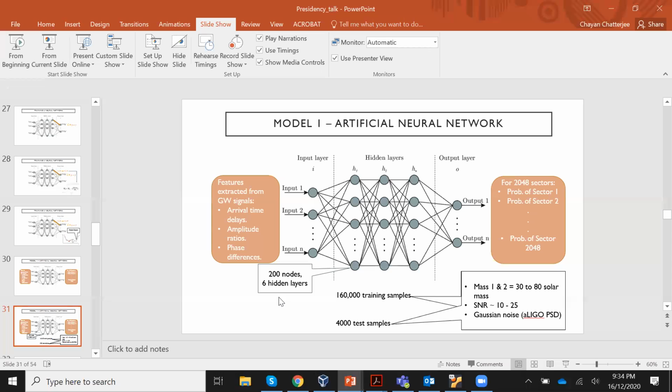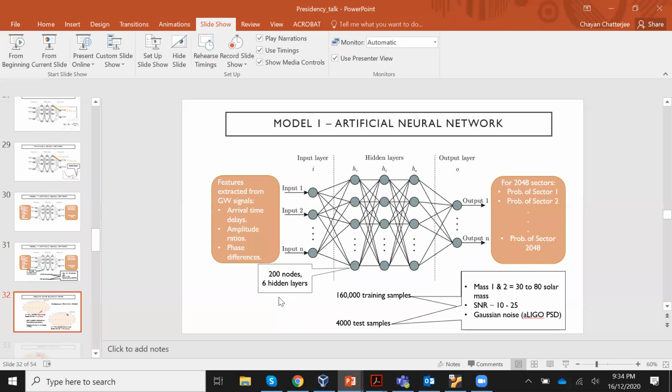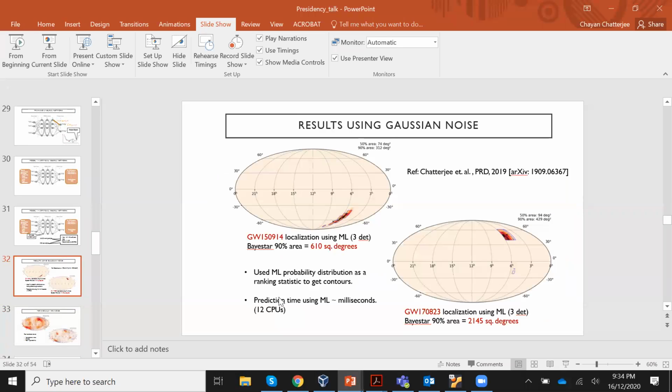So this assumption that the signals are injected in Gaussian noise is a very simplistic assumption, because real noise is extremely non-stationary, and it has these very sharp noise artifacts called glitches. And whenever a machine learning model tries to learn anything from non-Gaussian data, it performs very poorly because of the non-stationary features in the data. However, using signals injected in Gaussian noise, we are able to obtain these results.